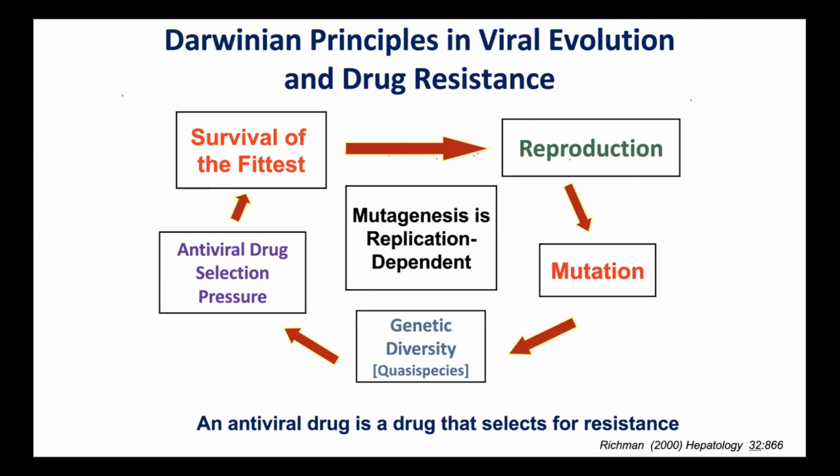So you need a reproduction of the microbe. The reproduction is associated with errors in the genome sequence, and that results in genetic diversity.